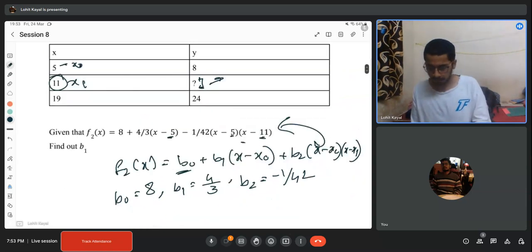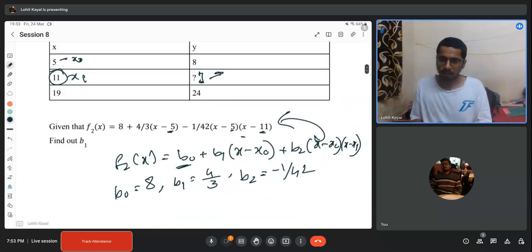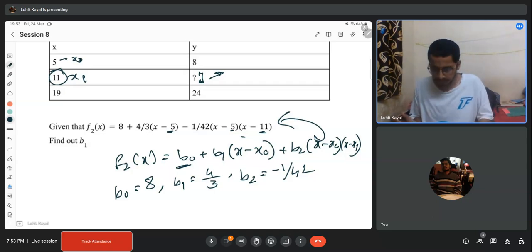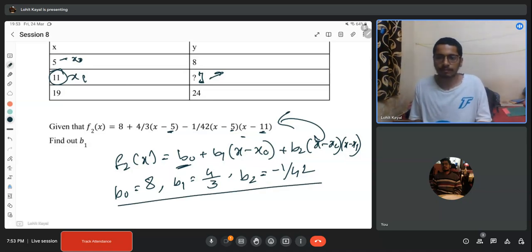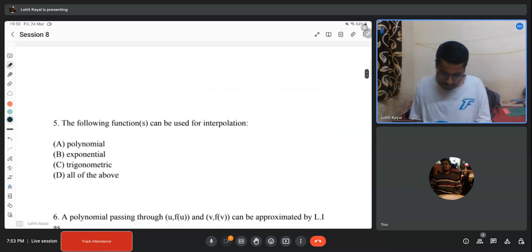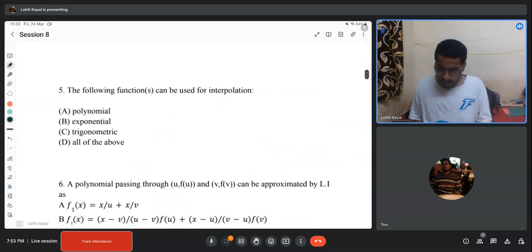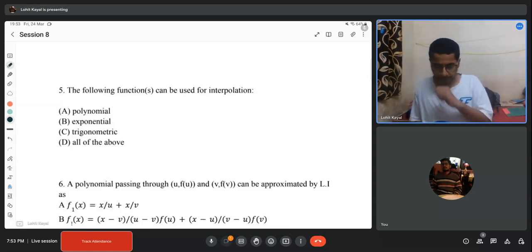I haven't solved this using the table, but I have shown you the general form of this divided difference formula for three data points, and it completely fits with this structure. And you can very easily put those values. So b1 is 4 by 3 for this question. Okay, so this is a conceptual question. After that, I will start with the Lagrange interpolation.